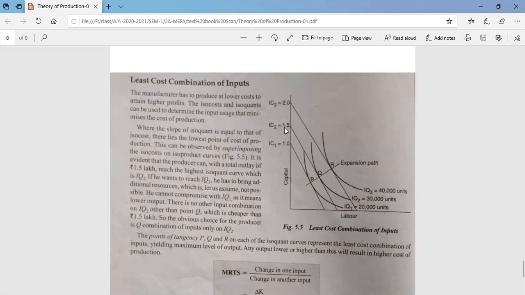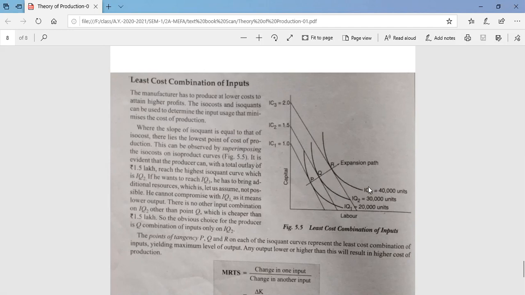IC2 is to produce 30,000 units. How much is the cost and labor I require? Okay. IC3 is 2 lakh rupees to produce 40,000 units. So here you can see this is the curve regarding the ISO quants. This is the curve regarding the ISO cost, ISO quants to produce 30,000 units.